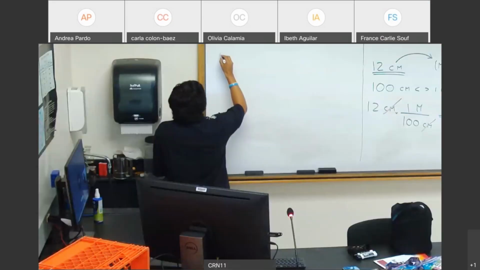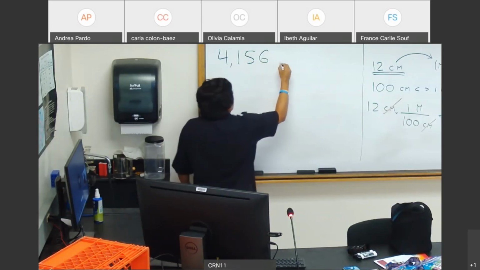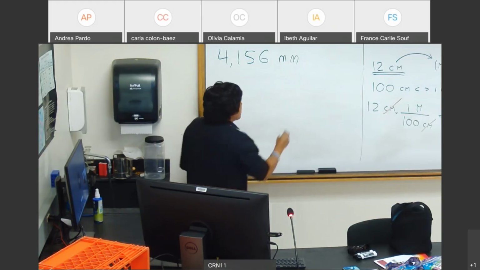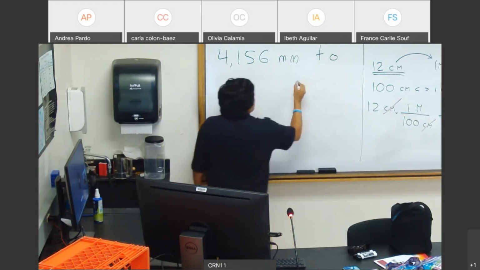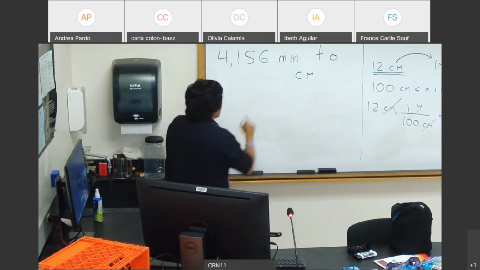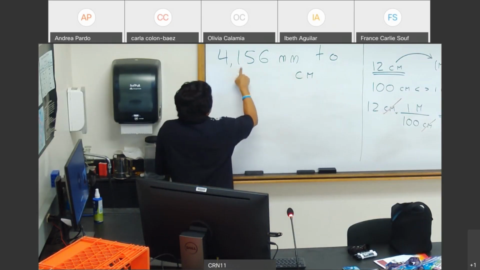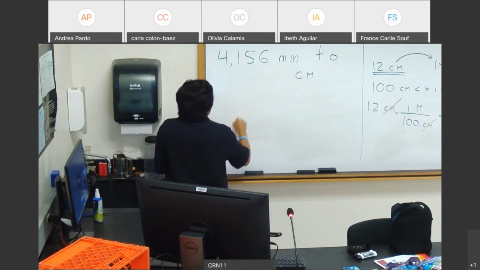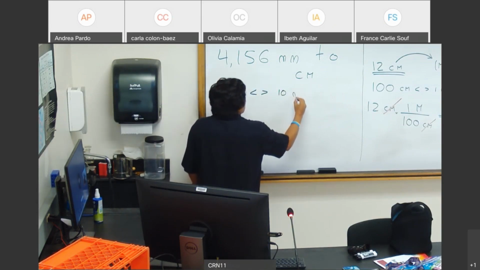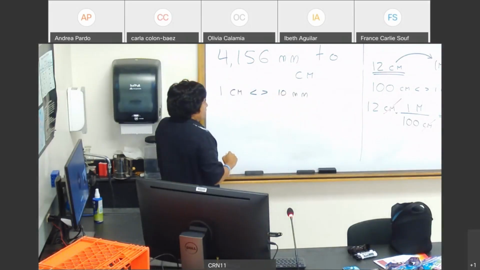You can be given 4,156 millimeters. And I'm going to change it first to centimeters. And then we go to meters. Right? Look. 4,156 millimeters to centimeters. What you need to remember is that 1 centimeter is equivalent to 10 millimeters.